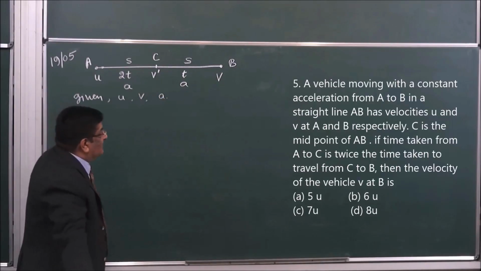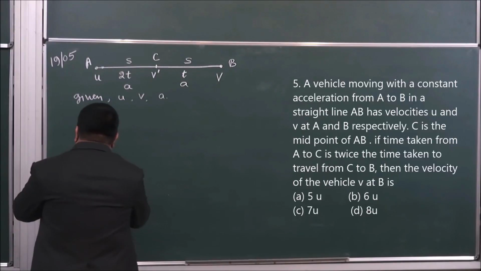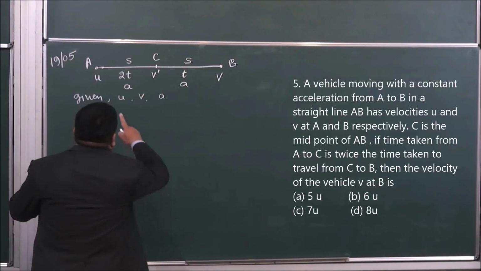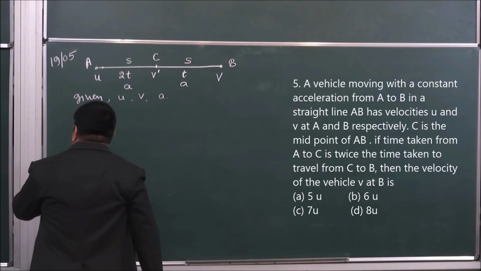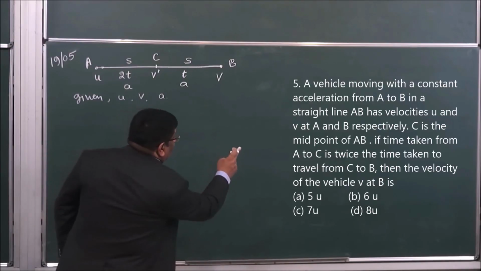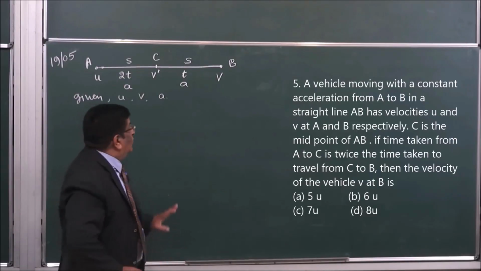Again, see in the question what the given quantities are. Constant acceleration, initial velocity u, final velocity v, and everything else is given, and we have to give the answer in terms of u. You see all four answers are in terms of u only.